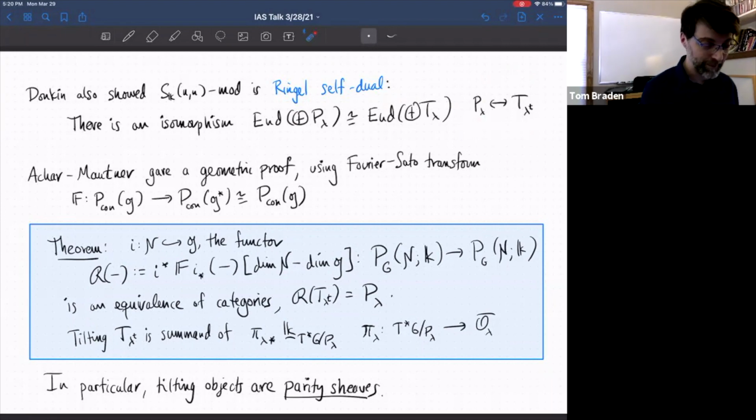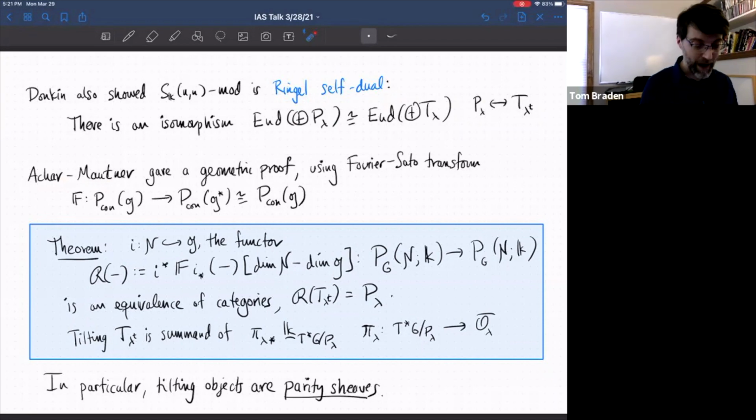So there's some order reversing property with respect to the stratification going on. Duncan proved this for modules over the Schur algebra, again purely algebraically, but Achar and Mautner described a geometric proof of this using the Fourier-Sato transform.